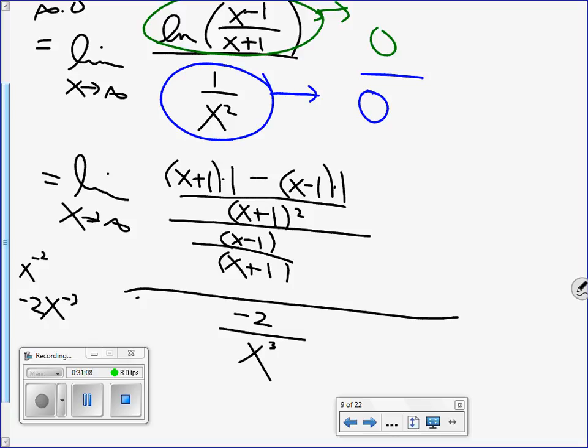First, to take the derivative of 1 over x squared, think of it as being x to the negative 2, and use your power rule. So the derivative is negative 2x to the negative 3, which is that.